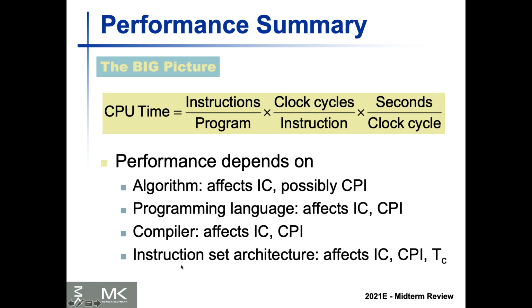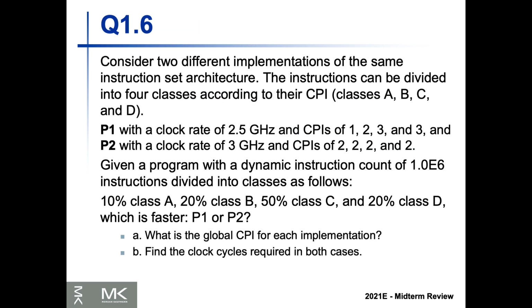All right, so let's have a small question to review this. Question 1.6 in your book says: consider 2 different implementations of the same instruction set architecture. The instructions can be divided into 4 classes according to their CPI. So we have 4 classes of instructions, A up to D, and 2 processors.